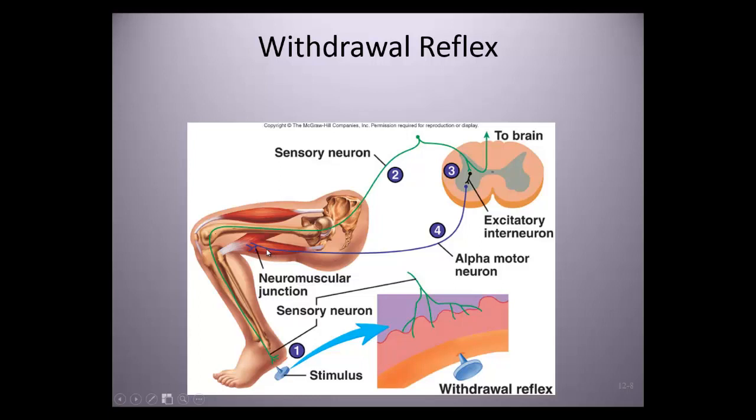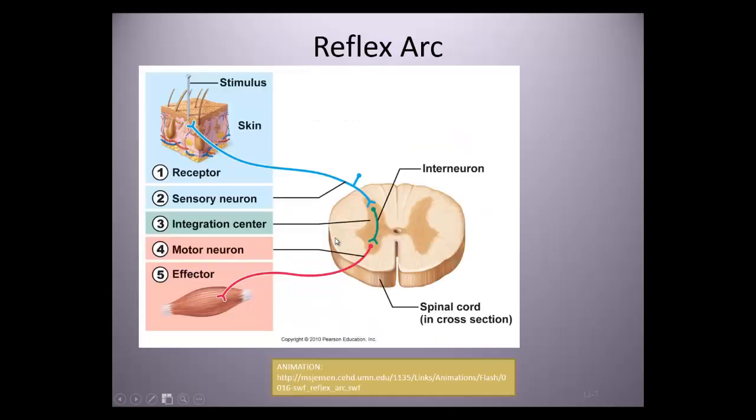Now we do see information going to the brain, because if you step on something, you're definitely aware of it. You can feel the pain of that sharp pin, but again, this response does not require our voluntary movement of the leg. It happens reflexively. So we call this the withdrawal reflex, whether it's in the leg or if it was in the arm touching something that was hot on the tip of the finger, the same thing occurs. It's the withdrawal reflex.